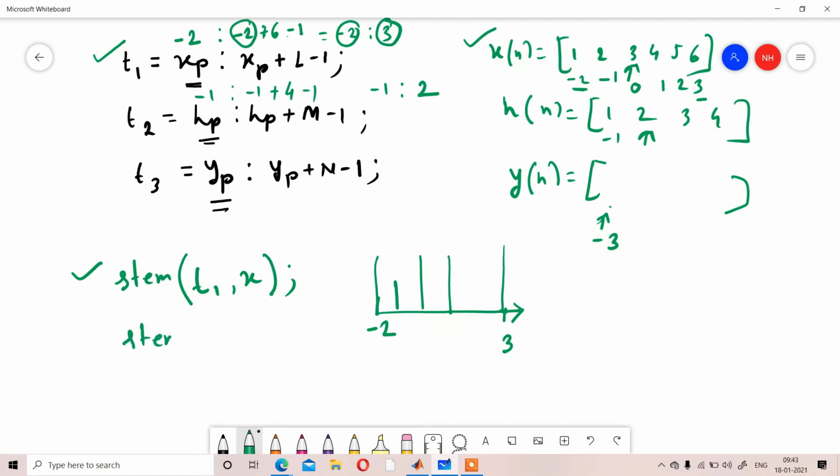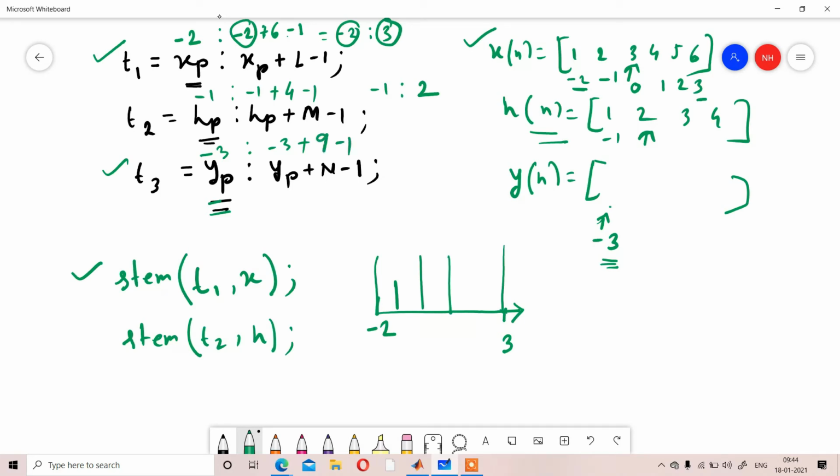Similarly, stem T2 h will be displayed as the value of hn. Now similarly T3, for T3 what will it be? Similarly yp will be defined as minus 3. So minus 3 to minus 3 plus the value of n, 6 plus 4, 10, minus 1, that is 9.